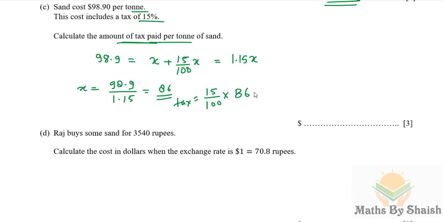So 0.15 into this is going to be $12.9. So that is the tax paid per ton of sand. We can always get the same number if we add it: the tax 12.9 plus the cost of the sand per ton, 86, is going to be the total amount, 98.90.